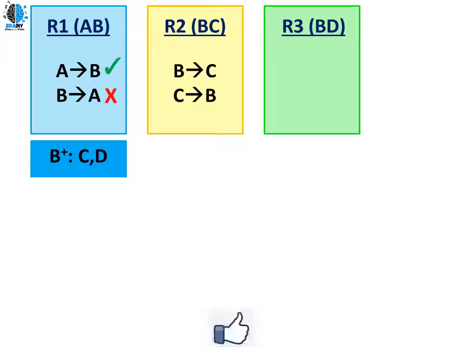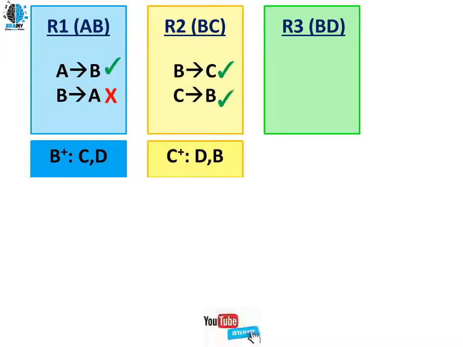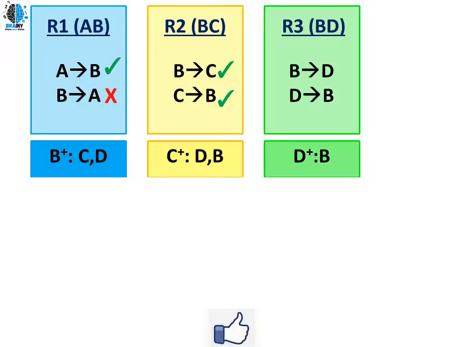In R2, having attributes B and C, the functional dependencies are B goes to C and C goes to B. Here the closure of C is D and B, so both are correct. In R3 we have the attributes B and D, with dependencies B goes to D and D goes to B. Here the closure of D will be B, so both of these are correct.